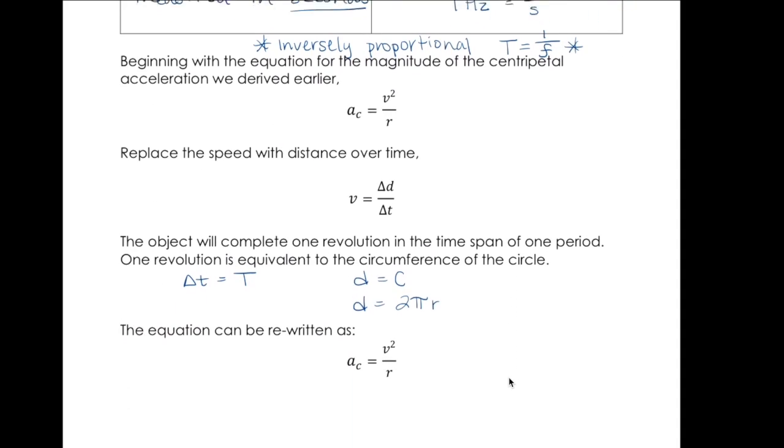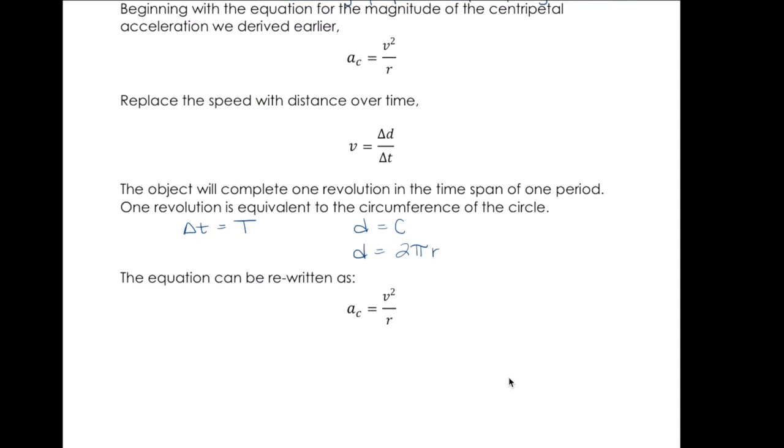So if we begin with the equation for the magnitude of centripetal acceleration that we were given earlier, AC equals V squared divided by R, and we replace the speed with distance over time, because V is distance over time, we could put those two variables in for V.